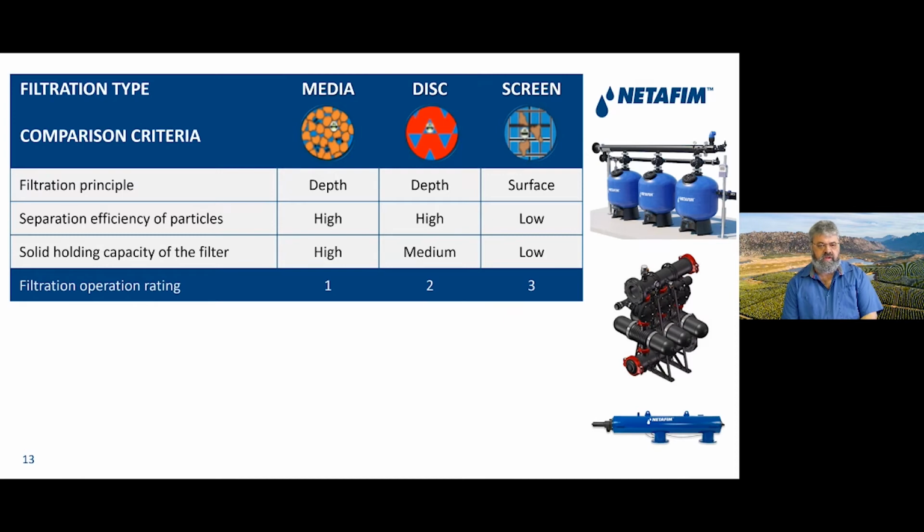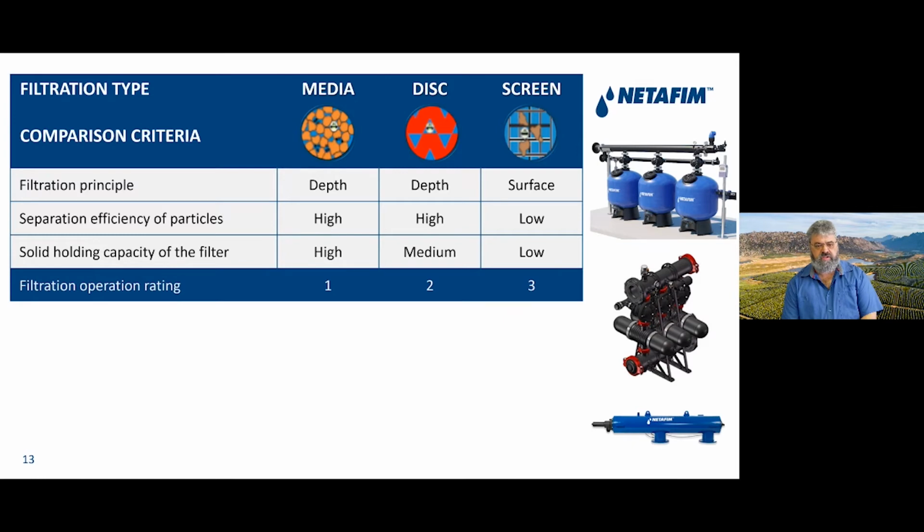Also, with the media filter, normally we put either a disc or a screen filter directly after the media filter, or the media filter bank. That is just to prevent, if there's a collapse of the underdrain, the sand media from passing through to the irrigation system.